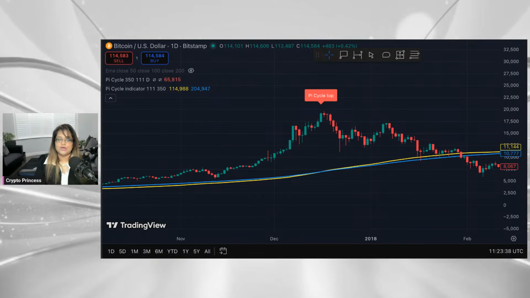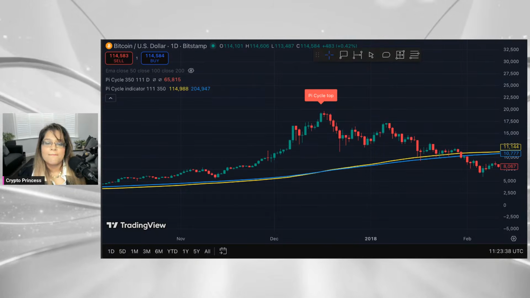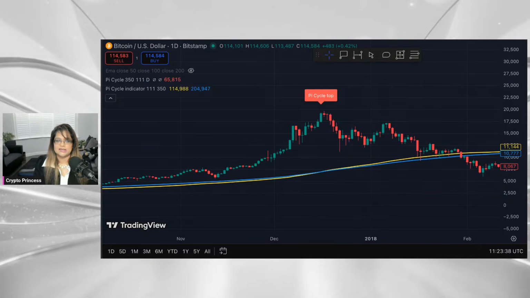It crossed over the blue line, which is the slower 350-day times 2 moving average. The Pi cycle top was here, and 2 days later, it actually peaked. I can't zoom in on this because it's a screenshot, but believe me, it actually peaked 2 days later.